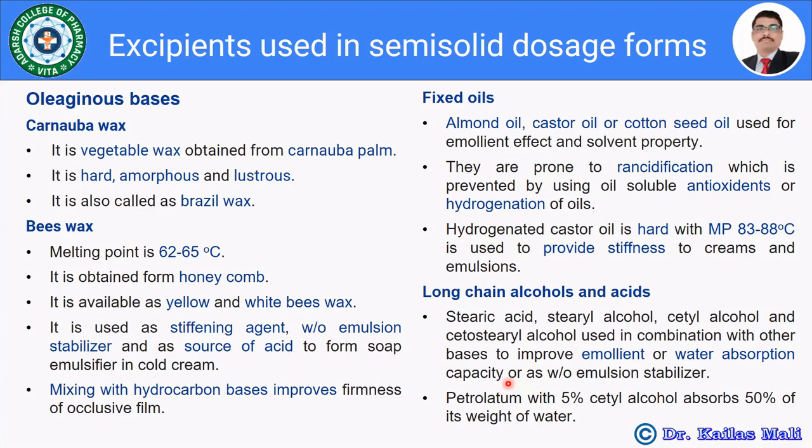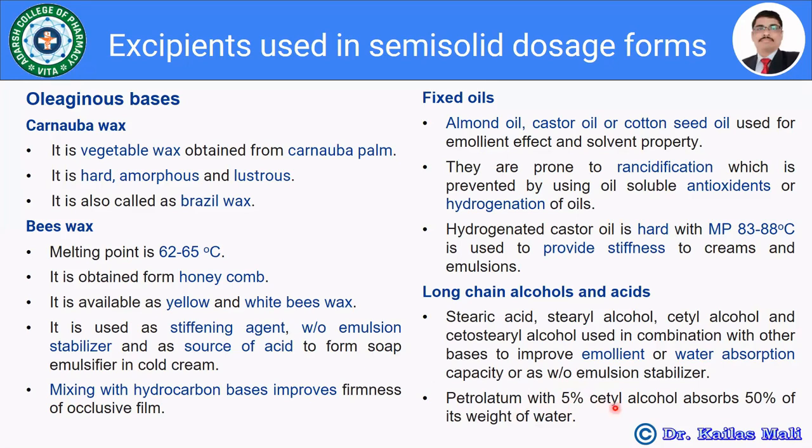And in these cases, we require the absorption base, or an agent which has the capacity to accommodate some volume of water. So it is used in combination with the other bases to improve the emollient or water absorption capacity, or as a W/O emulsion stabilizer.